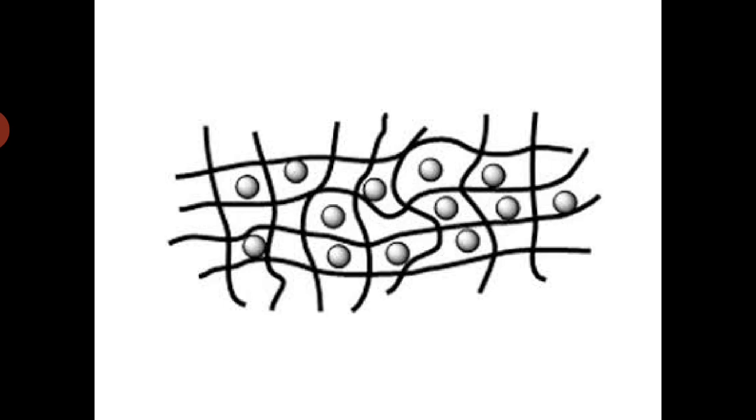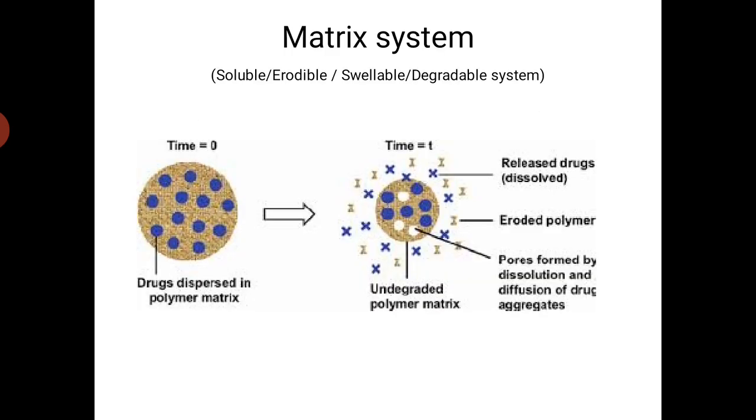It is very difficult for a drug molecule to move out of this network system, and this network keeps the delivery system intact for a longer period of time. So this way the drug and the polymer are mixed together, and we develop a drug delivery system that we call a matrix tablet.